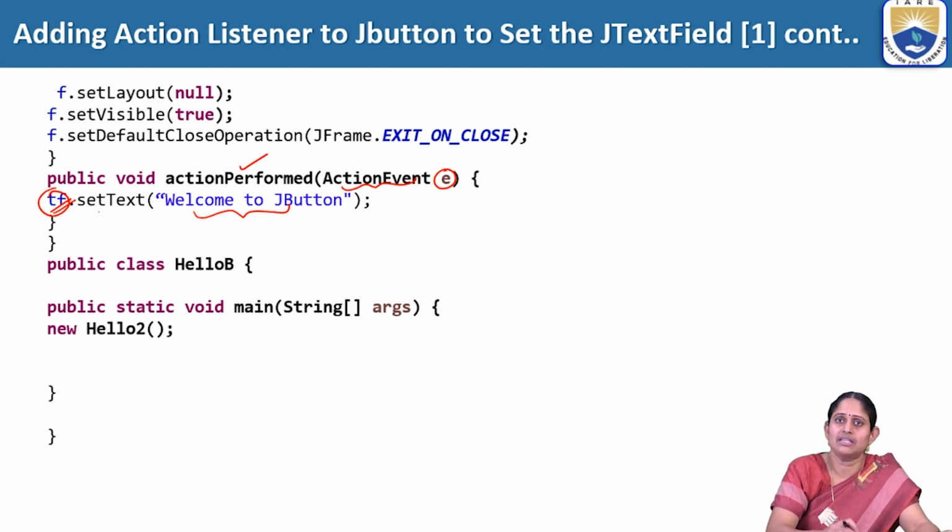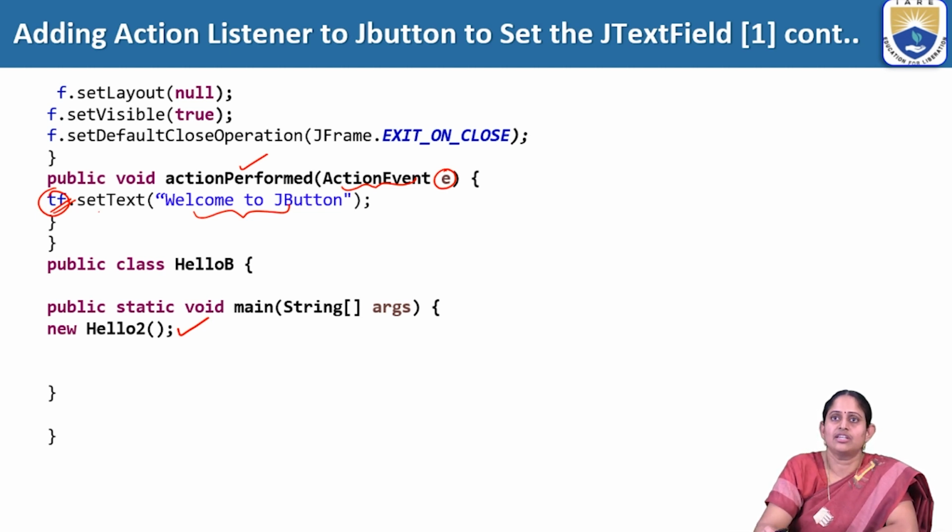So our button is registered with that particular action event. When that event occurs, it will set the text field to the given string. And inside our main class, we are creating the object of that class.